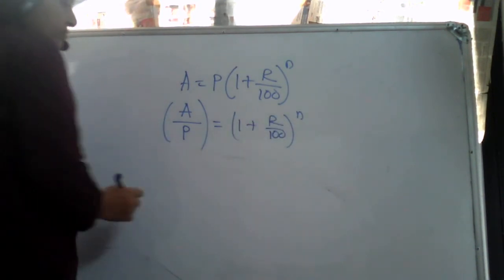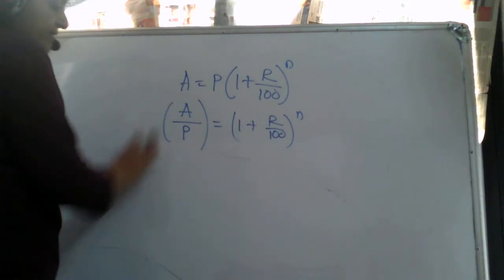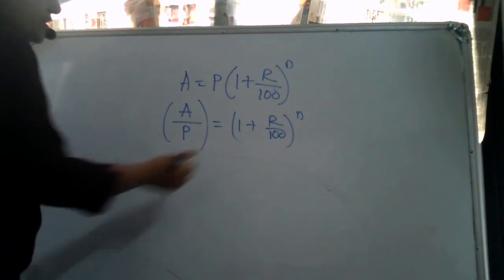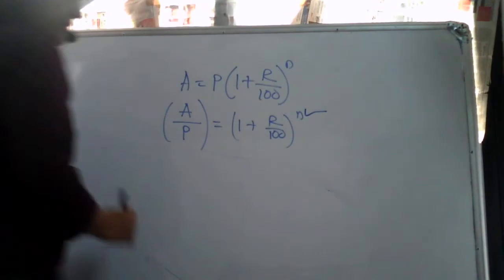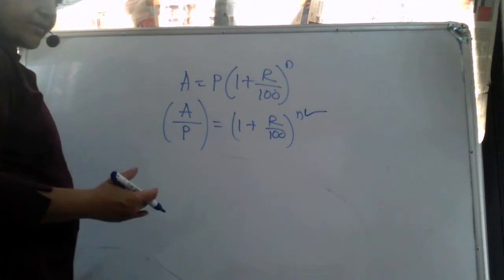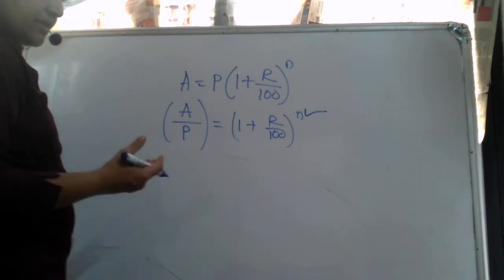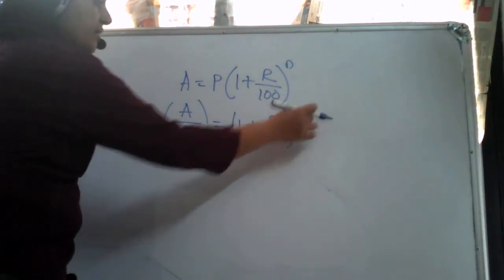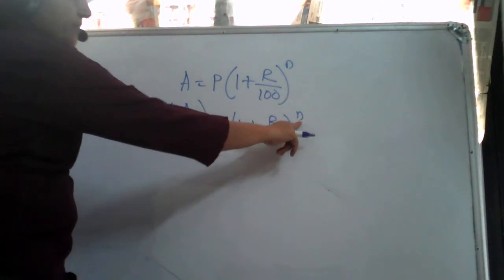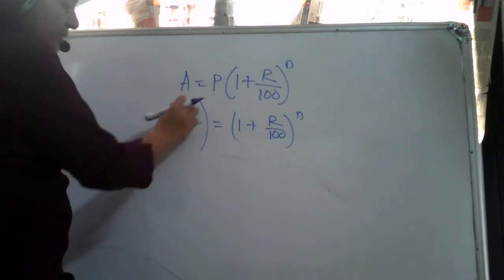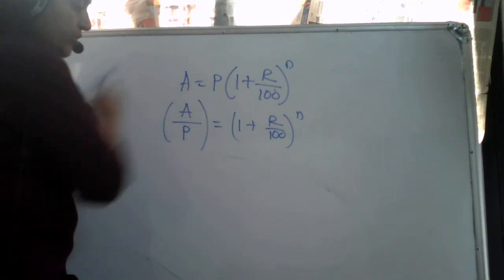Now you will have A and P in such a way that they will be equal to this number of years. In your syllabus at this point in 8th standard, you will get such questions wherein the number of years will be found from A upon P to the power of what you are going to get.